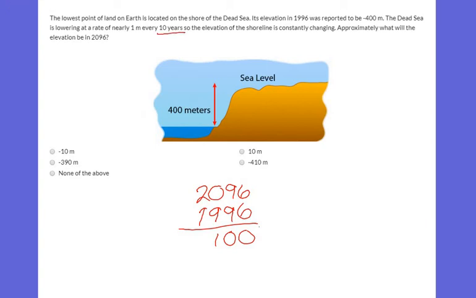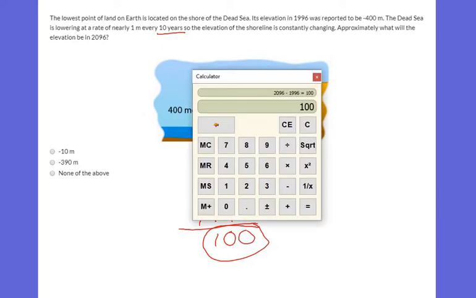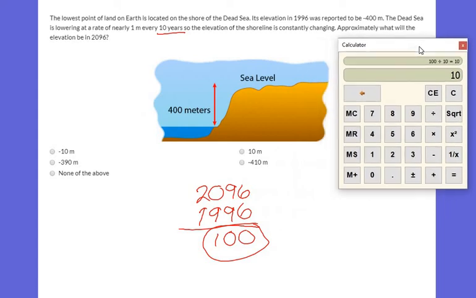So I need to know how many sets of 10 are in 100. If you don't know that, you could do 100 divided by 10. And there are 10 sets of 10s in 100. And the question asked approximately what will the elevation be.